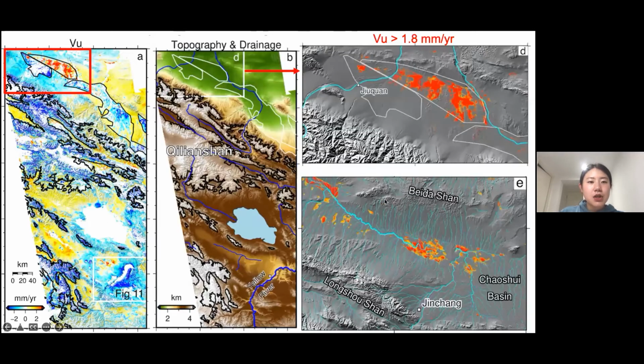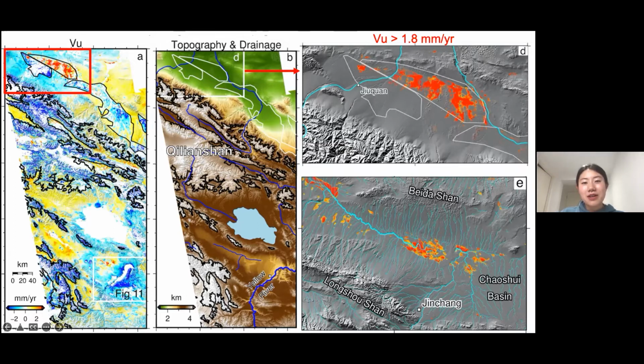Let's take a closer look. So here I am plotting VU pixels with value greater than 1.8 millimeter per year on top of the hillshade. So this is where we see the water drainage of the meltwater from the permafrost peaks in the Chilean is coming down, and it happens to be blocked by a linear shaped ridge, which is preventing the outflow of the water.